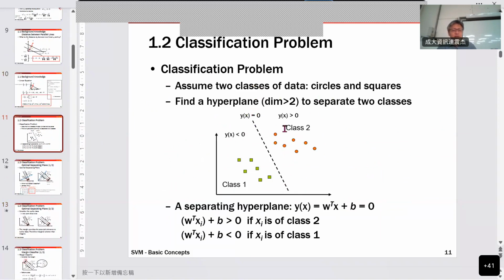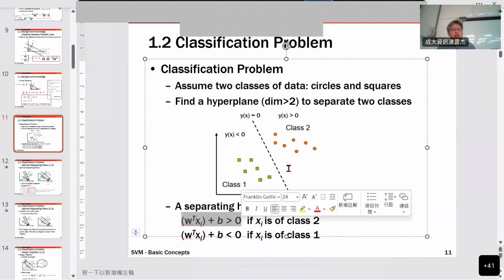So when the equation, this class 2 is meaning the result bigger than 0, but here label 1. Here label -1. Not 0. The labeling class is 1. This is -1. Okay.